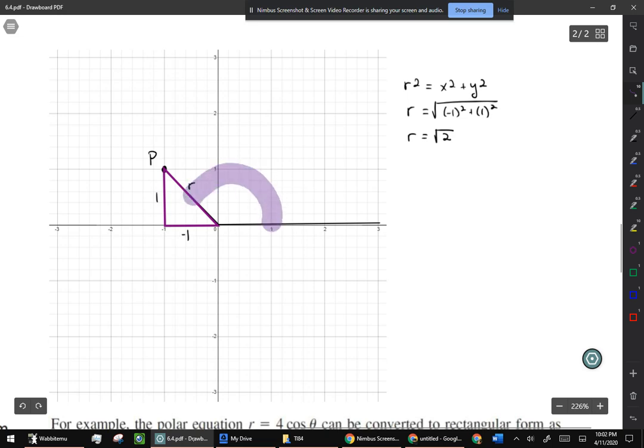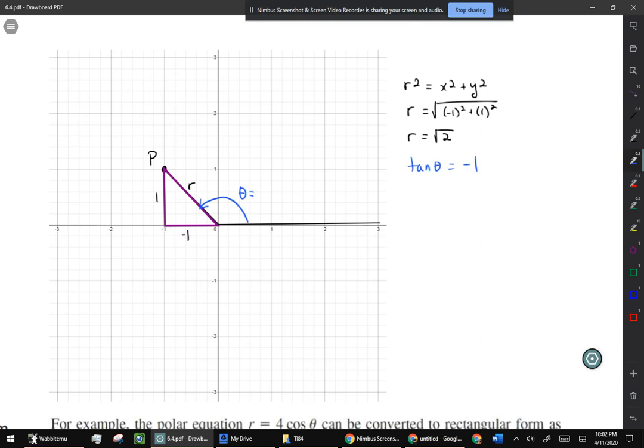So if pi over 4 gets us 1, what angle do we need to get -1? So that's going to be, right, tangent of theta is equal to -1.